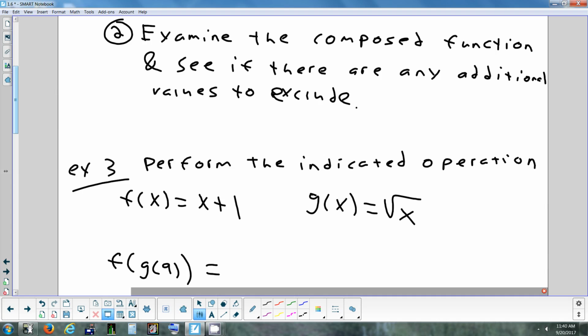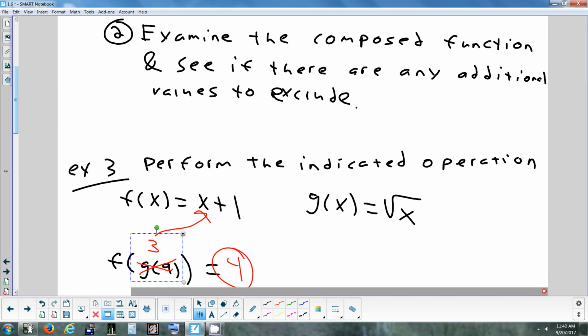So what would you do with that? Plug it into x plus 1. Yeah. Now you would find f of 3, so you'd plug 3 in right there, and the answer would be 4. Okay, so we don't have to go through all the steps, but that's numerically what we're doing.